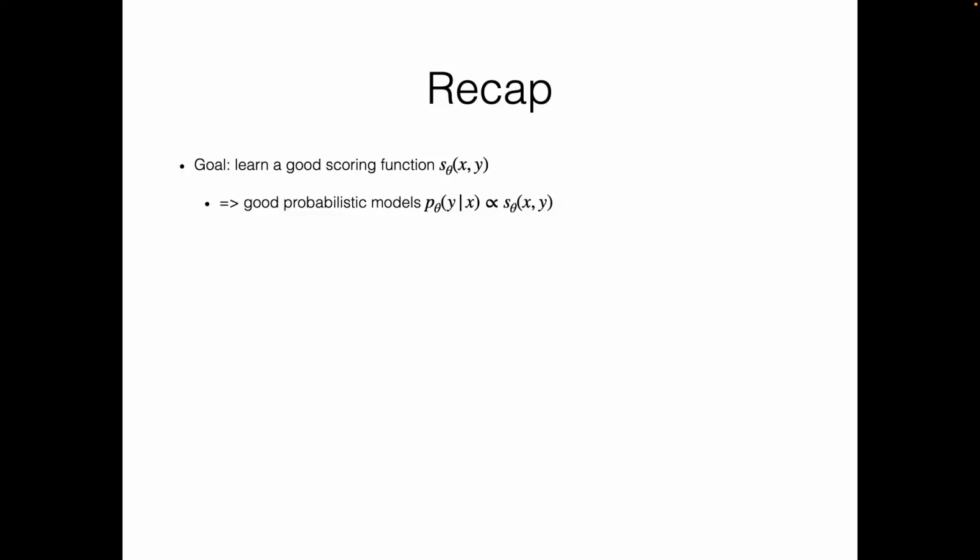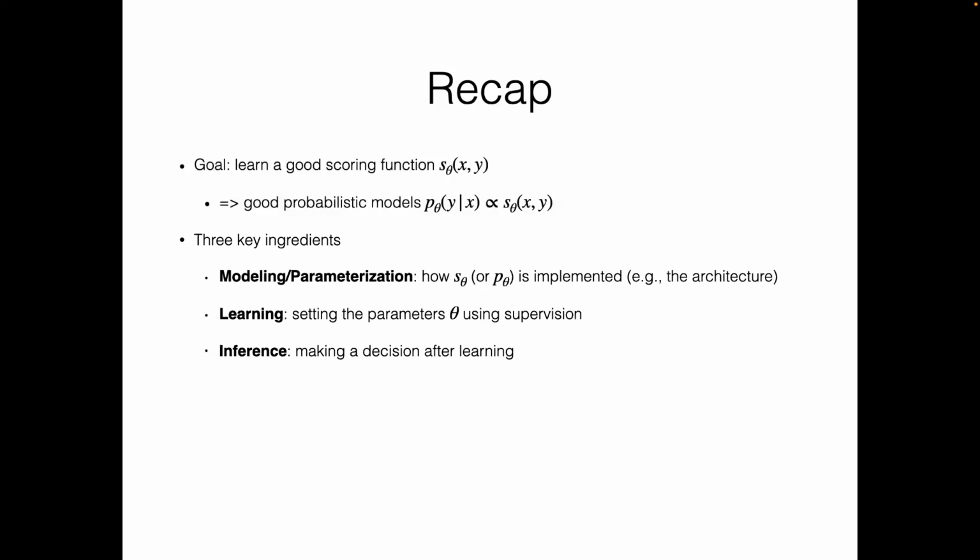And then I briefly mentioned that if you have a really good scoring function, you can form one of these probabilistic models by just normalizing the scores. Then I introduced three different ingredients. Parameterization, we could also use the word modeling.